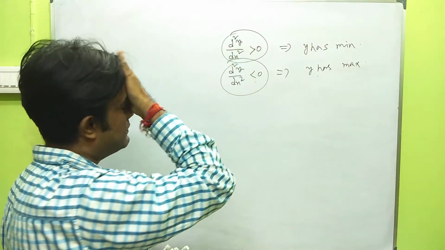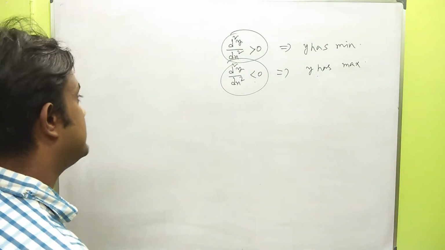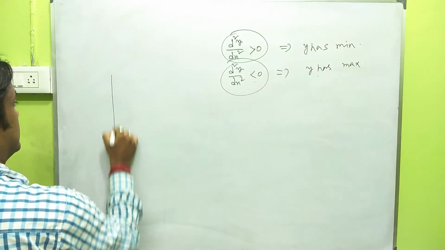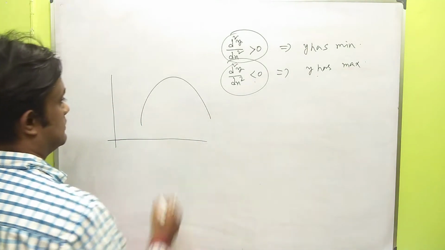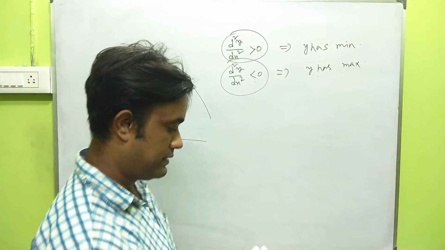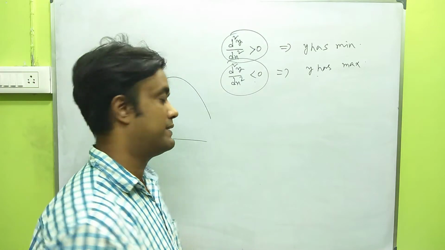To explain it, again I draw the previous curve which I explained in the first order derivative test.